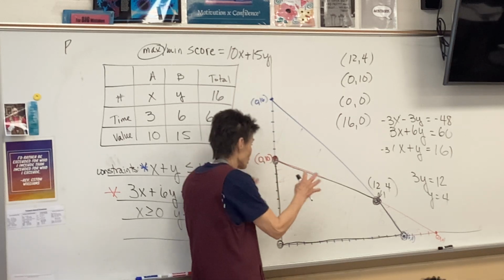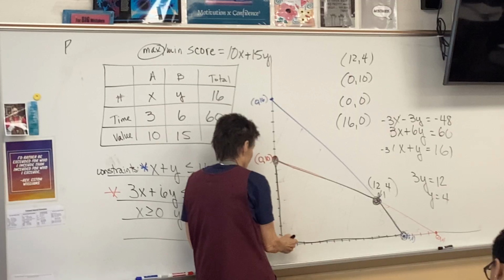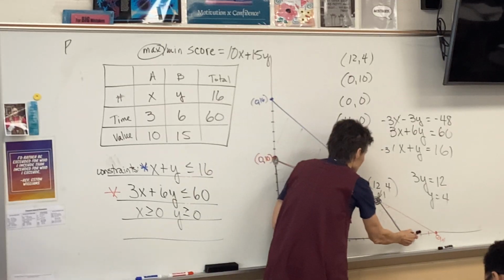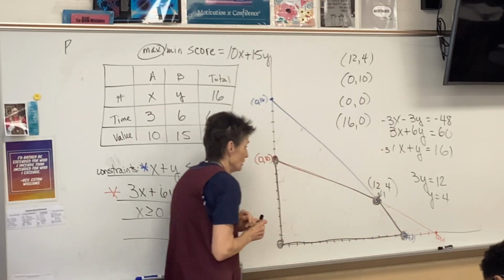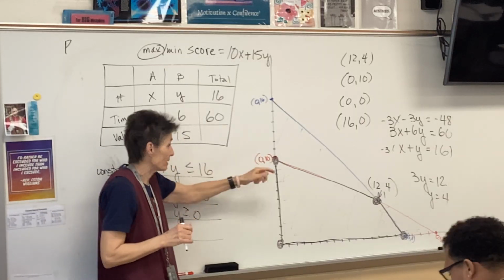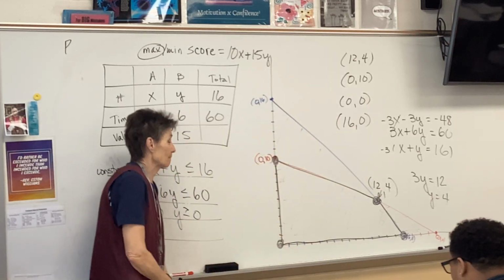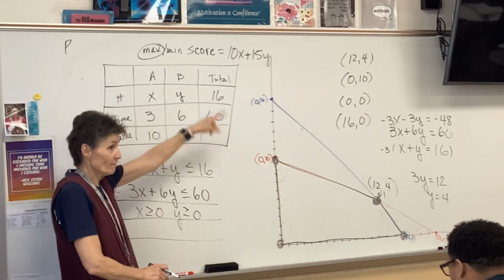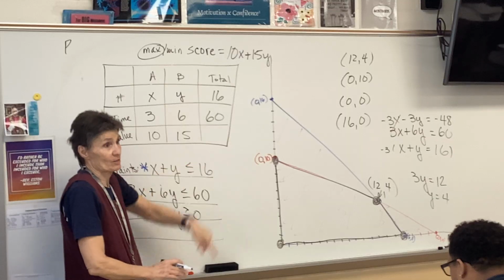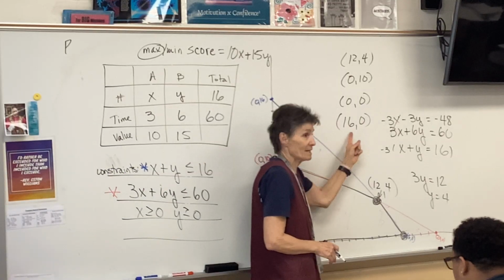And then that shape, that feasible region, we find the corners. And if we know them already, that's great. If we don't, we might have to do a little work. One of those points is the answer.